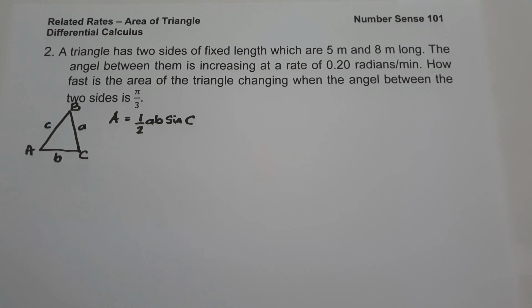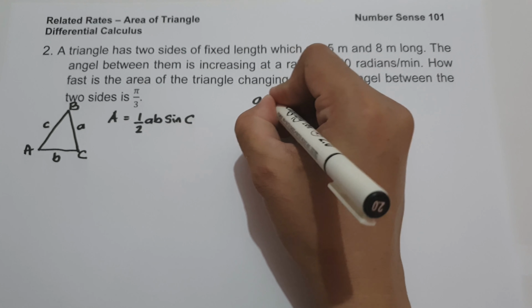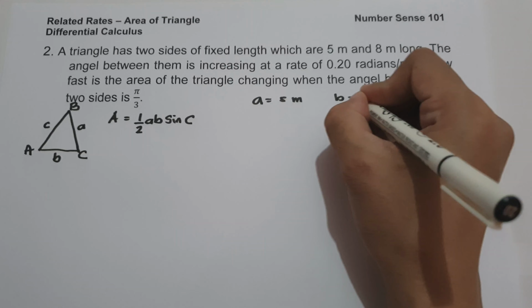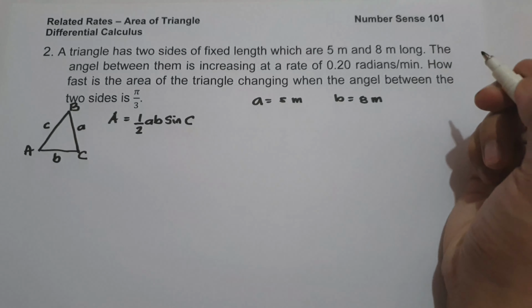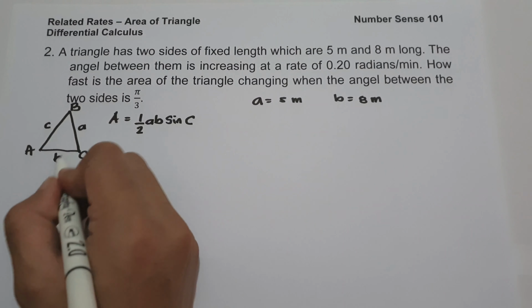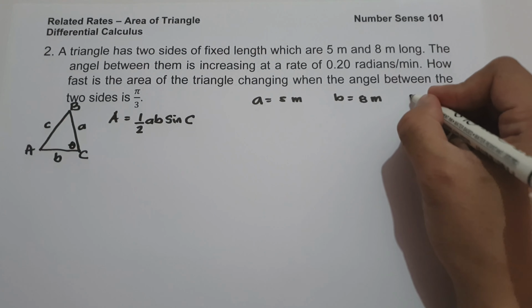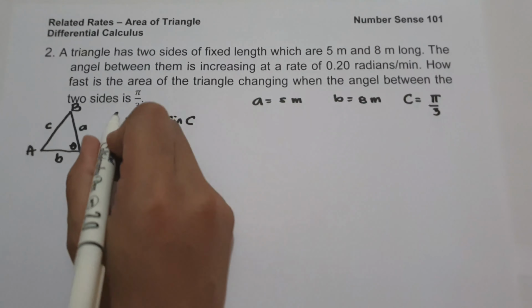And then, let us represent two sides of the triangle as a and b. So the value of a is 5 meters, and the value of b is 8 meters. And the angle between a and b is angle C. So let us have theta here, and angle C, that is pi over 3.